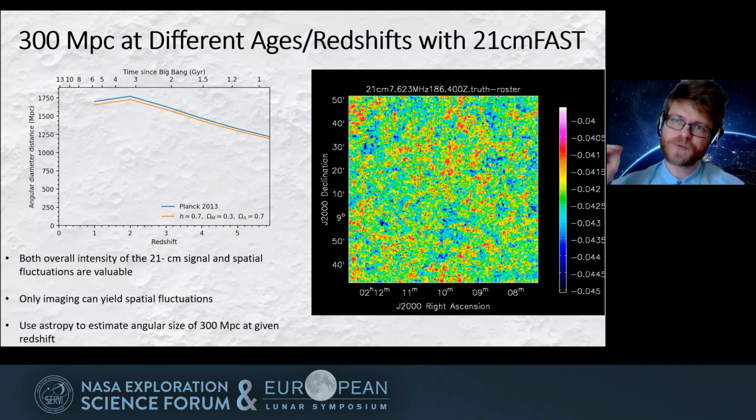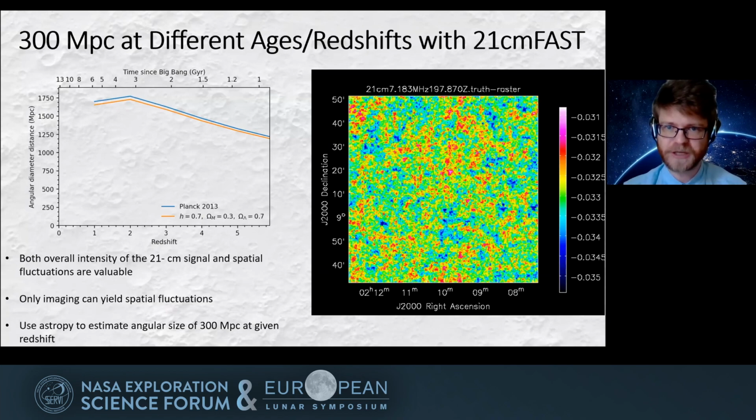That's because as we go further and further back in time to higher redshifts, 300 megaparsecs looks farther and farther away from our point of view, and so it's taking up a smaller portion of the sky. We're tracking that effect through an AstroPy Python code base, which can predict the angular size for a given redshift, for a given set of universal constants.